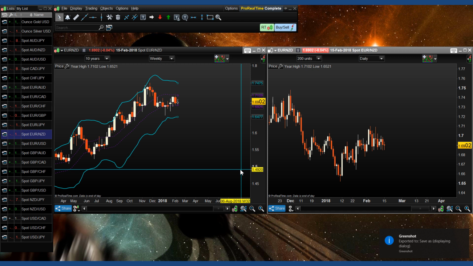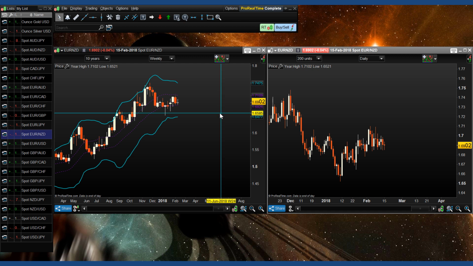And then selling a put at 166. 166 would be right here. Would have liked to take 165, but it's not available, because 165 would put it just underneath or very close to the wick of this lower weekly candle here, which gives me quite a lot more protection, but the closest we can get is 166.